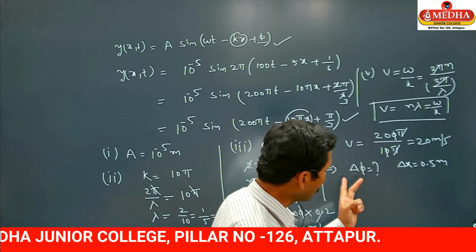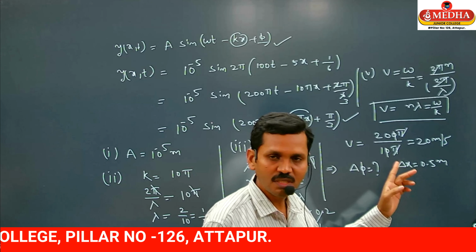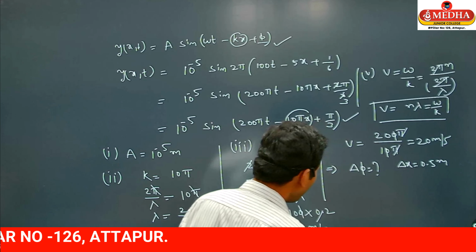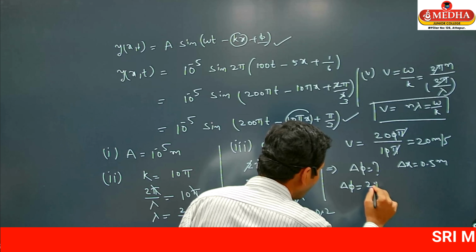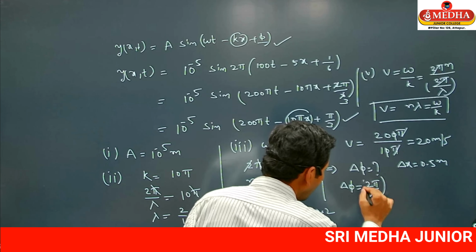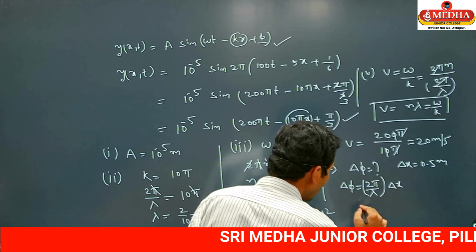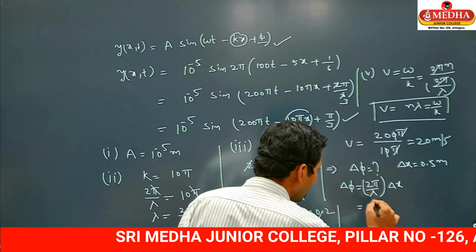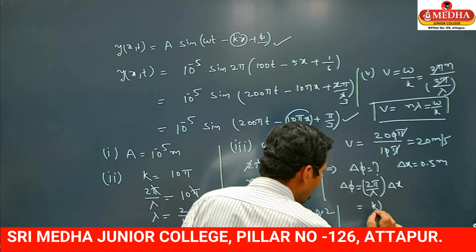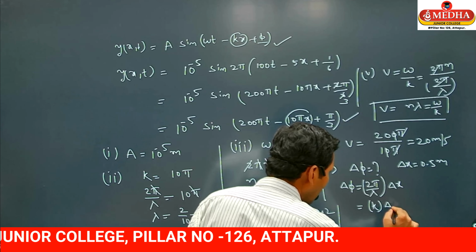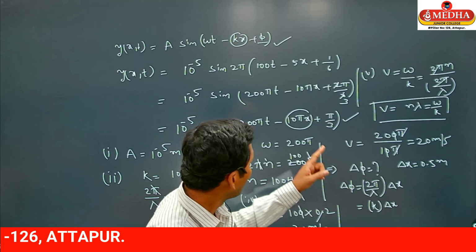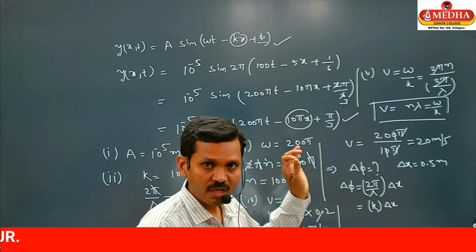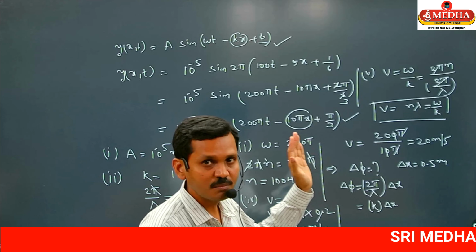The two points are separated by a distance of 0.5, and we know the relation: phase difference is equal to 2 pi by lambda into path difference. Here 2 pi by lambda is nothing but k only. It means indirectly we have to substitute the k value here. The easy way I told before: the x coefficient is nothing but k.